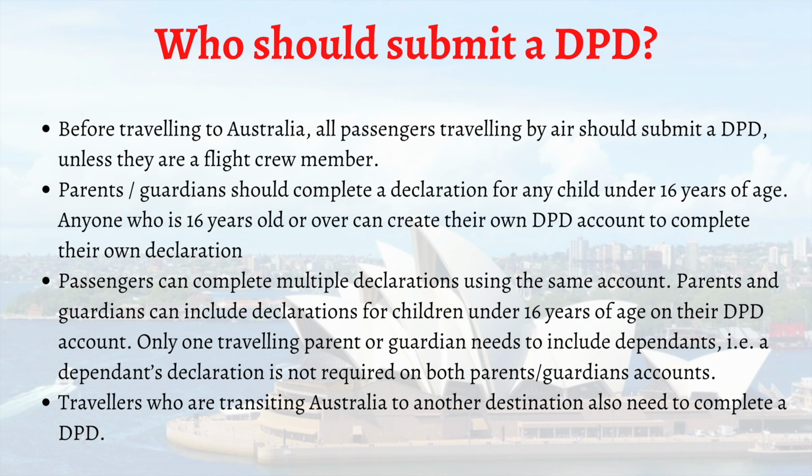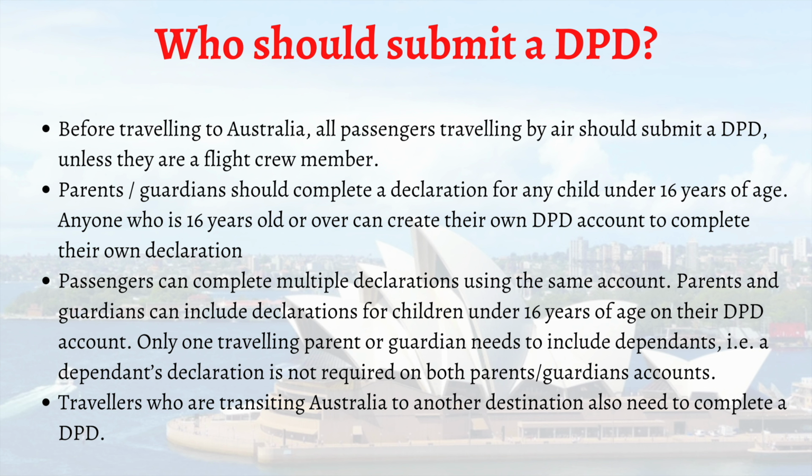Passengers can complete multiple declarations using the same account. So parents and guardians can include declarations for children under 16 years of age on their DPD account. Only one travelling parent or guardian needs to include the dependents. For example, a dependent's declaration is not required on both parents or guardians' accounts.